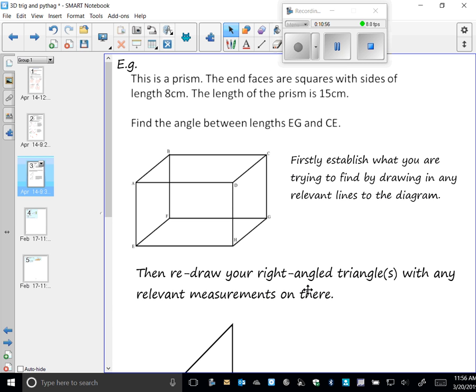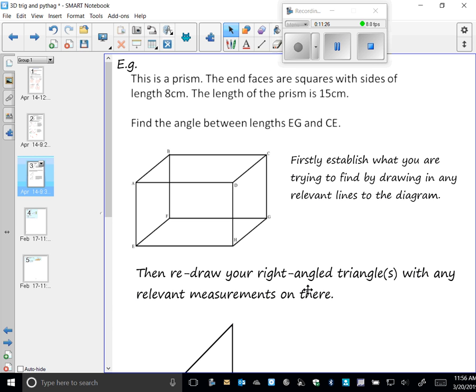A cucumber is more of a cylinder or a prism because most of the circles are the same size. It could be some random shape all the way through. As long as it's the same shape both front and end and it's the same size, it's a prism. This would be a prism because they're both rectangles or squares at either end.